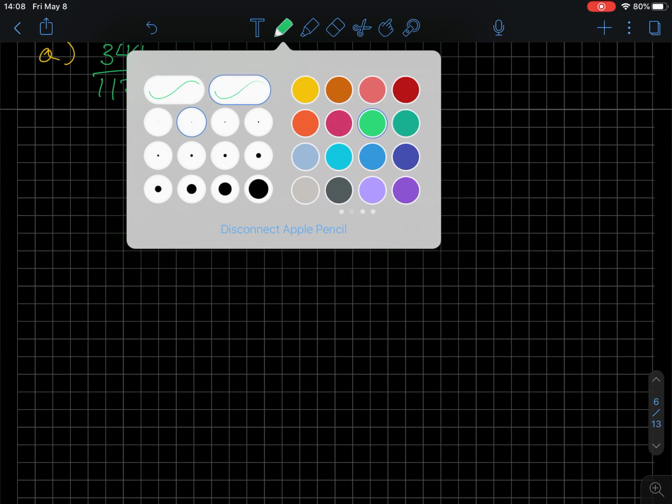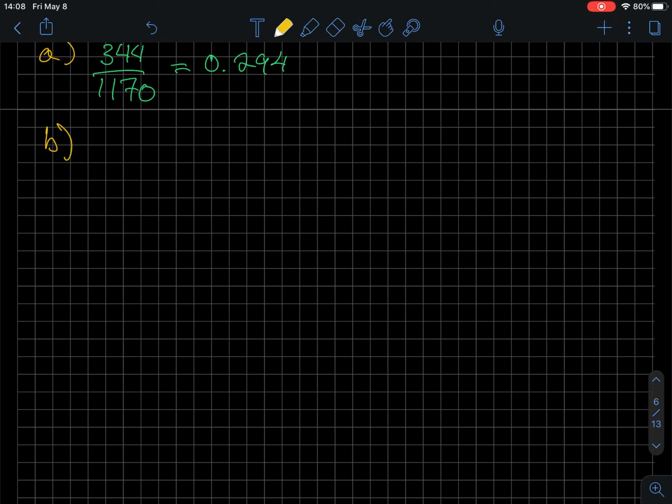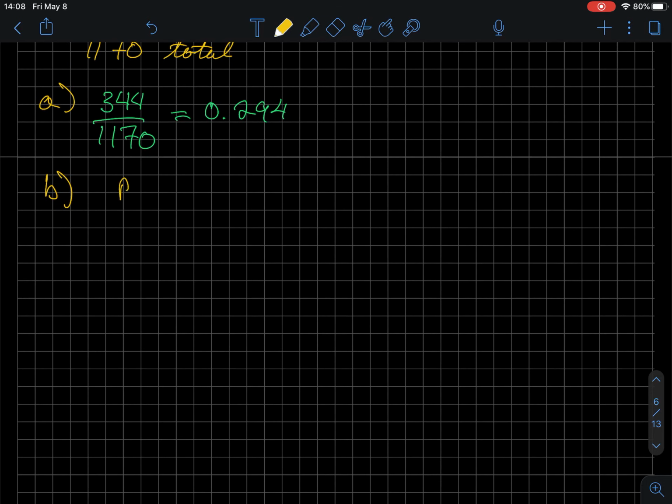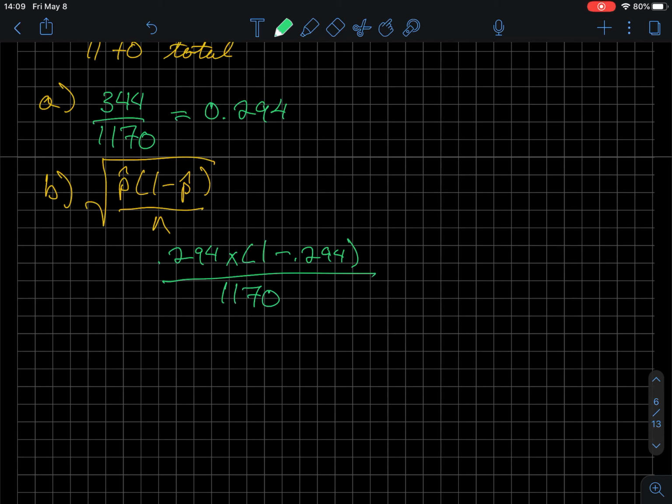Part B: find the margin of error for a 95% confidence interval. We'll use our formula again, the square root of p-hat times 1 minus p-hat, divided by n. So this is 0.294 times 1 minus 0.294, divided by 1,170, because that's how big our sample is.